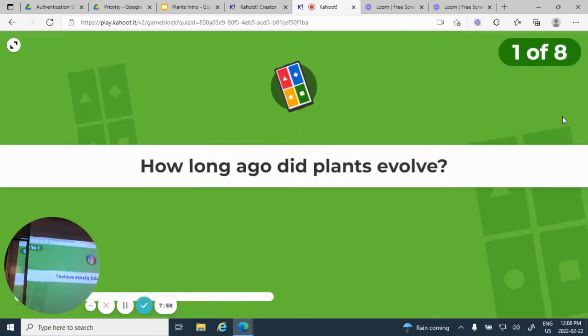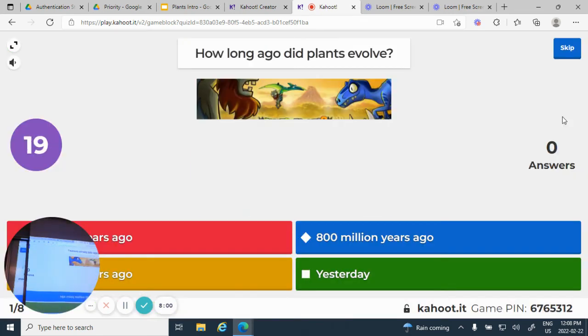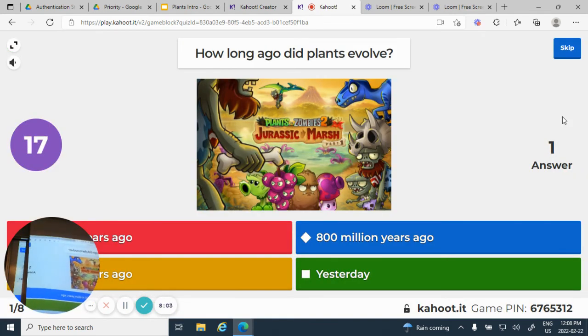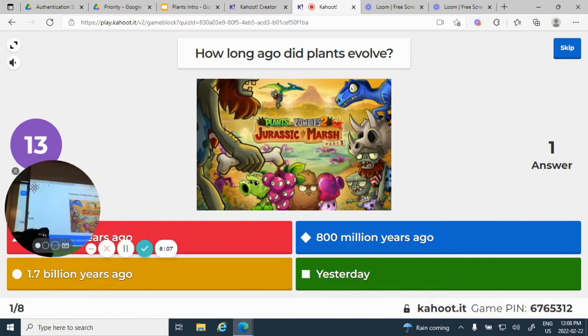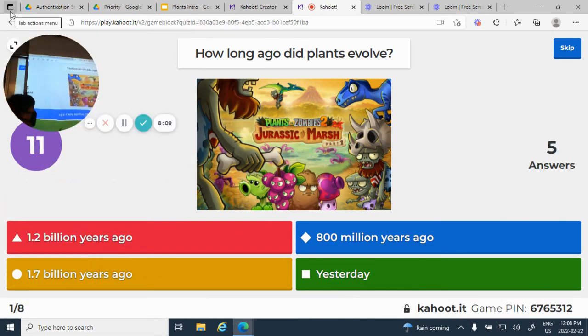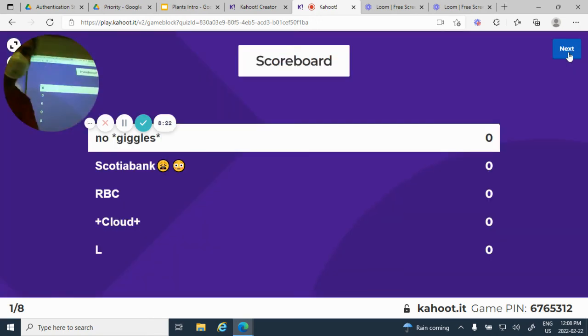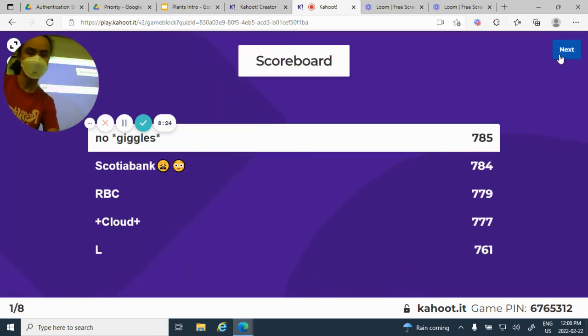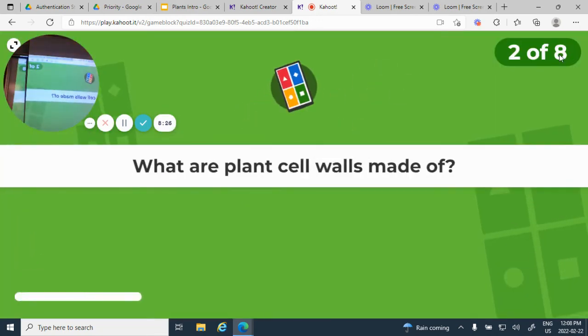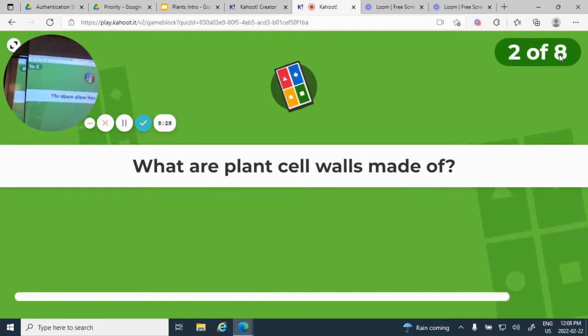Question 1. How long ago did plants evolve? Uh-oh. There you go. Question 2. What are plant cell walls made of?